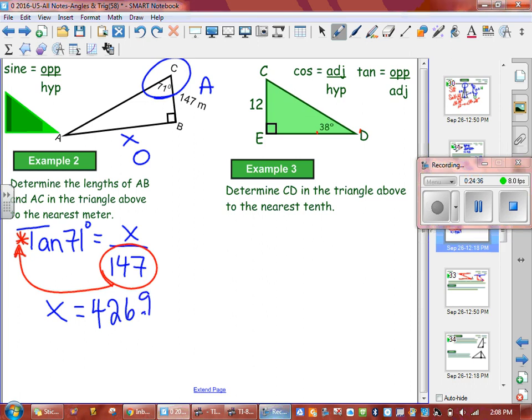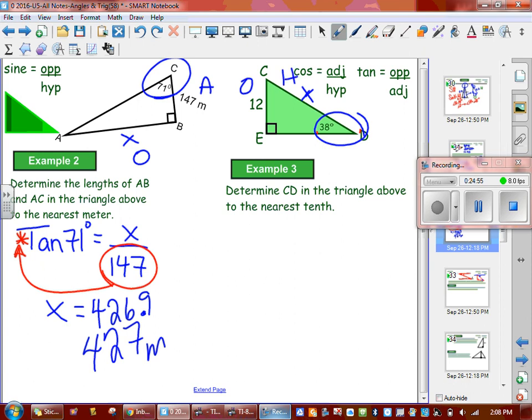So we circled this one. We are being asked to find C to D, so we're asked to find our hypotenuse in this case. So we're going to label, we have our opposite and our hypotenuse. So we're going to use sine. Sine of 38 degrees equals 12 over x. Now in this case, when x is on the bottom, this is where x and the left side of our equation literally switch places.